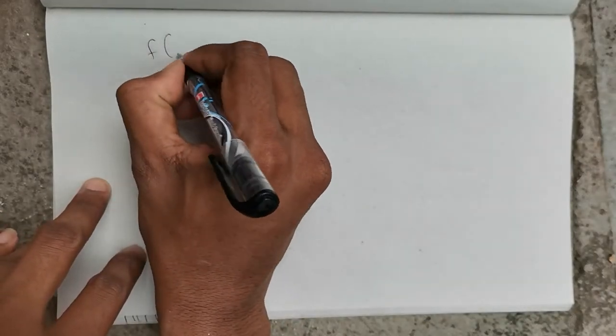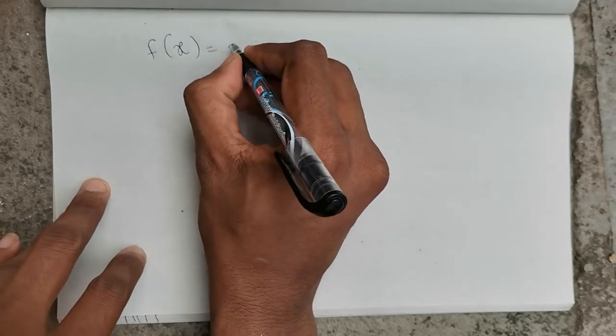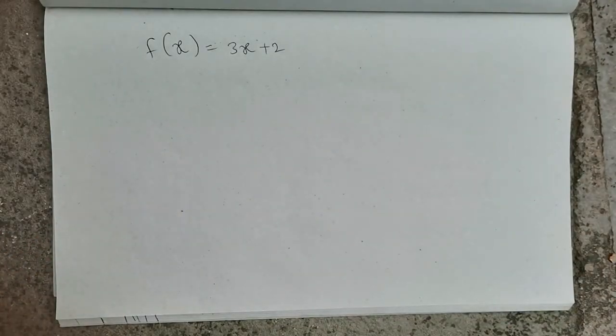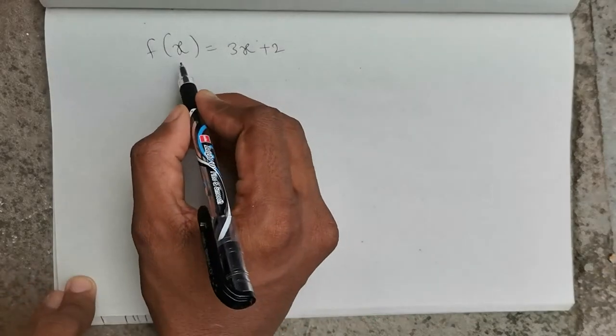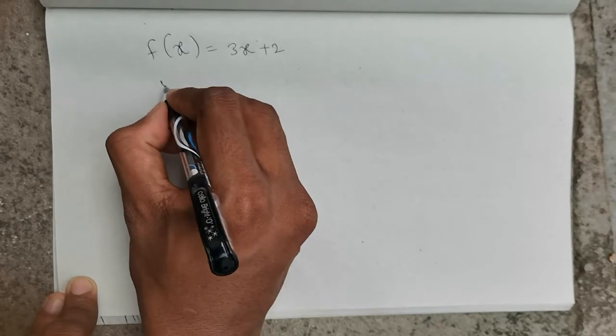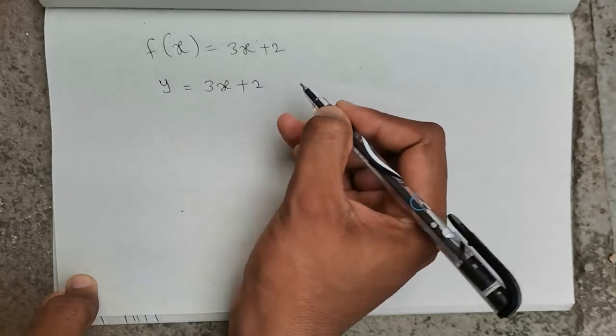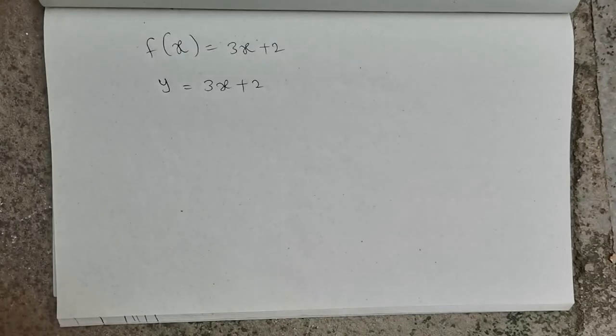Then how to solve if the given function is a linear function? F of x is equals to 3x plus 2. Check whether it is a onto function or not. Simply, in the place of f of x, substitute y. Y is equals to 3x plus 2. Now we have equation y is equals to 3x plus 2.